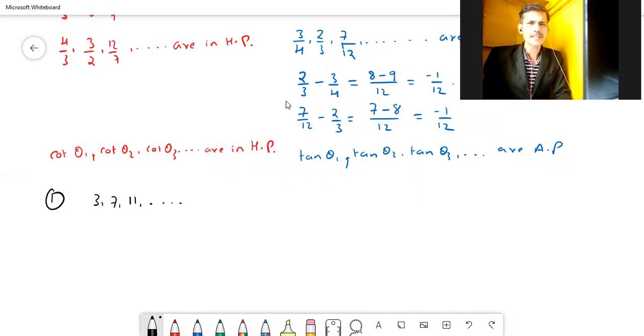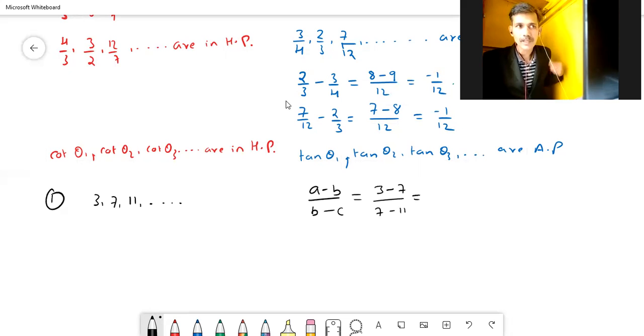If three terms of any sequence are known, we can derive one formula. We'll calculate the value of a minus b by b minus c. First term minus second term, 3 minus 7, and b minus c, 7 minus 11. Here that is minus 4 and this is also minus 4, so the ratio is 1.